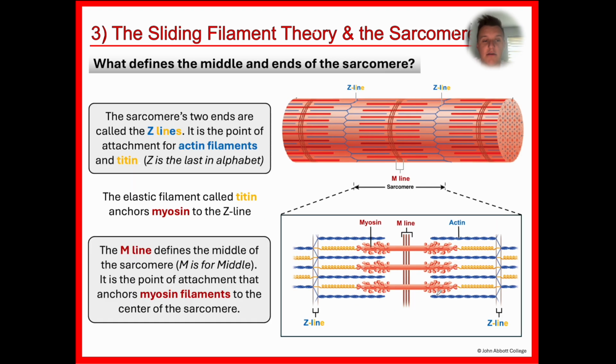Okay, so here's the deal. What defines the middle and the ends of the sarcomere? The sarcomere's two ends are called the Z lines. Here, this is the Z line, and here, this is the Z line, right? It is the point of attachment for actin filaments. Do you see the blue actin filaments attaching to this Z line?